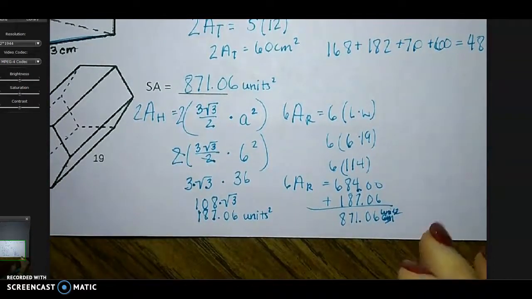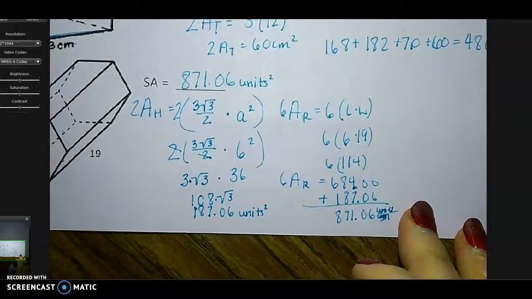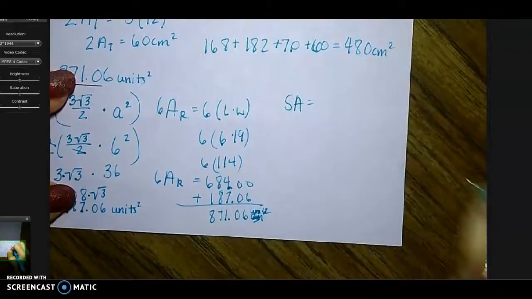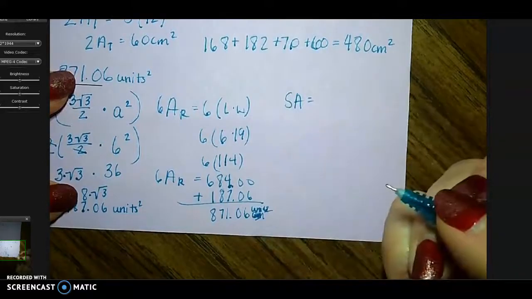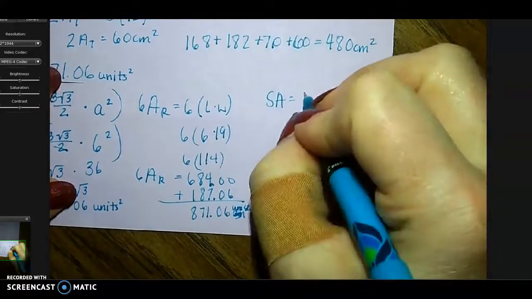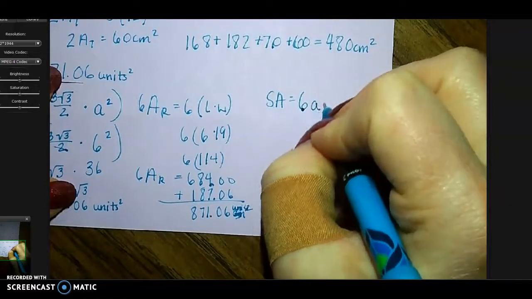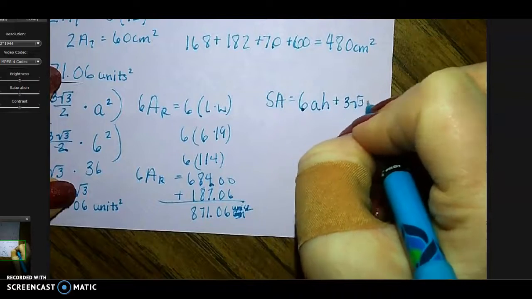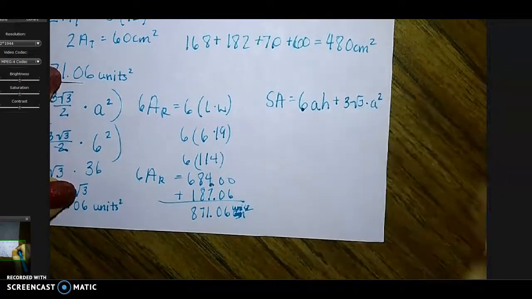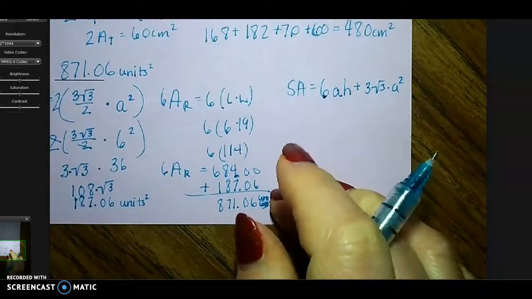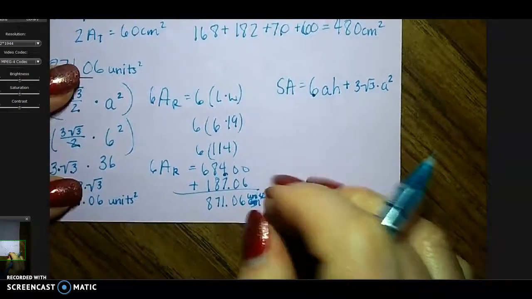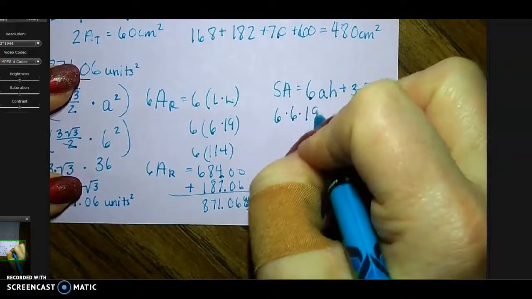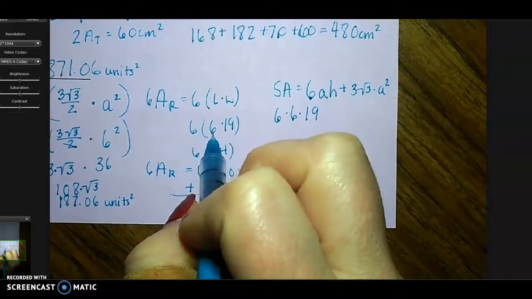Now, remember how I said there are some special formulas that people have figured out. The special formula for the surface area of a hexagonal prism is 6 times A times H plus 3 radical 3 times A squared. And you're like, oh, wait a minute, this is basically the same thing. So I end up with 6 times 19. Well, that's what we did here.